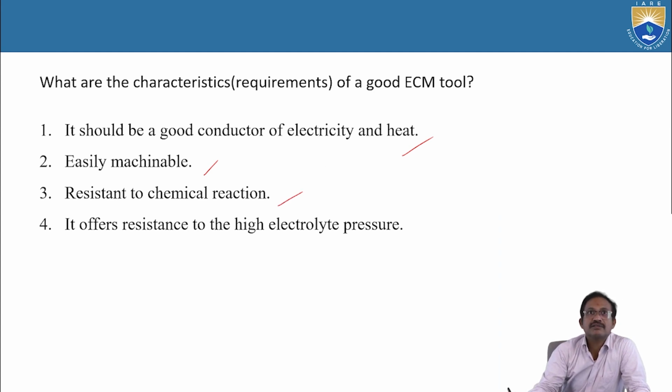It offers resistance to the high electrolyte pressure.